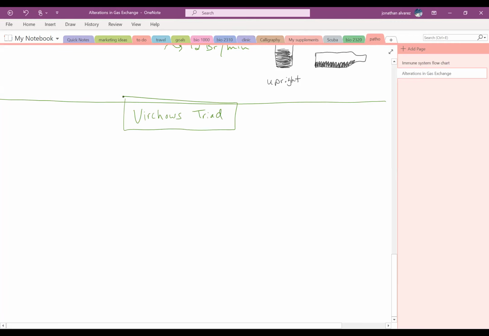Virchow's triad, right? So tri is 3. One can be because of venous stasis.